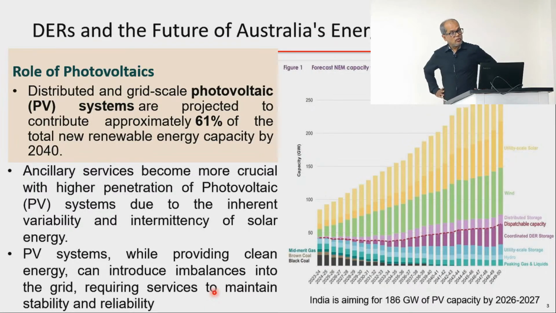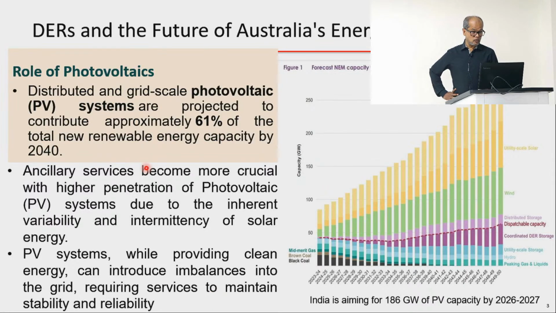Now also we already talked about that while we are having large scale renewables, either in Australia, India, or any other country, it is good that it is contributing to decarbonizing the sector, but at the same time it is also introducing new problems, mainly in terms of power quality, voltage imbalance, grid stability and reliability.